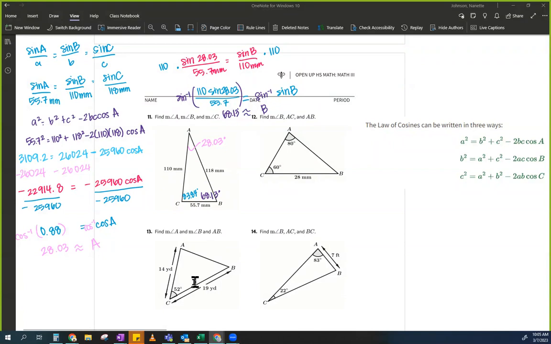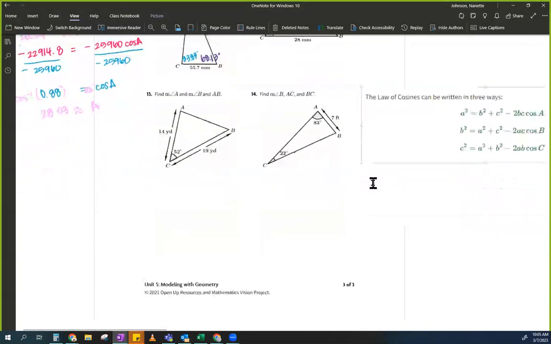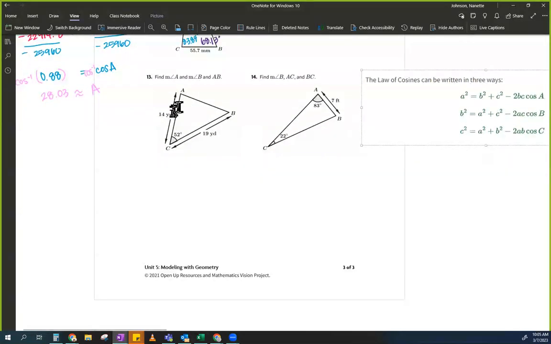If you don't believe me, that's okay. Just go ahead and plug all that in and make sure that you understand that. But I am going to be using my law of cosines for this one, right? So it does actually matter which one I choose.